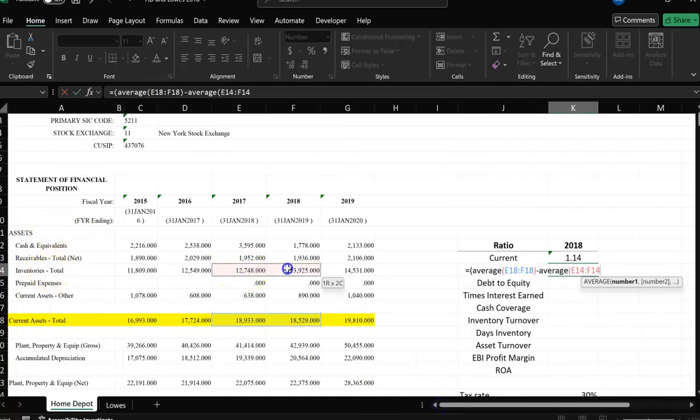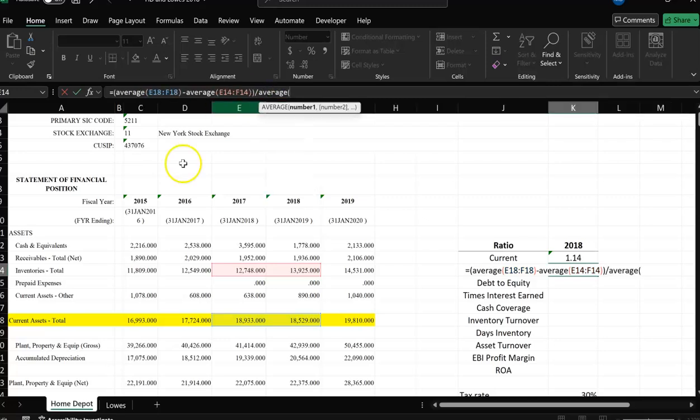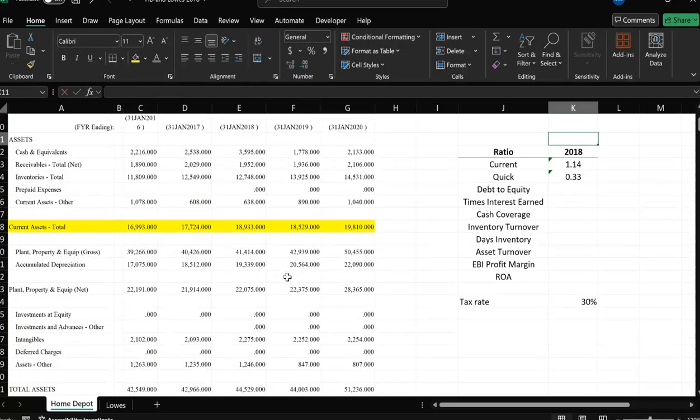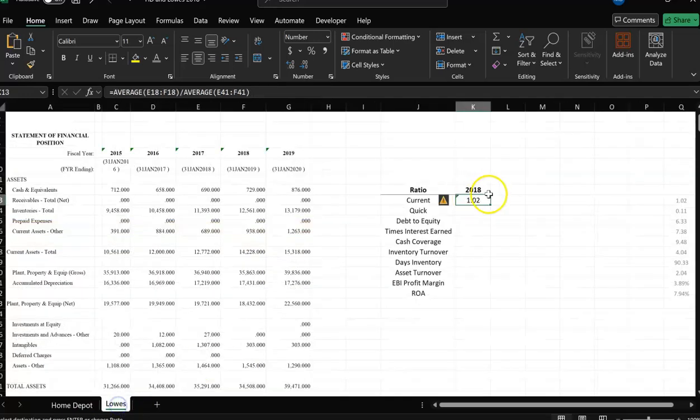Then I'm going to divide that difference by the average amount of current liabilities. For Home Depot, that gets me a quick ratio of 0.33, and for Lowe's, that gets me 0.11.